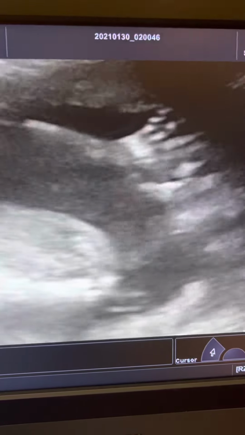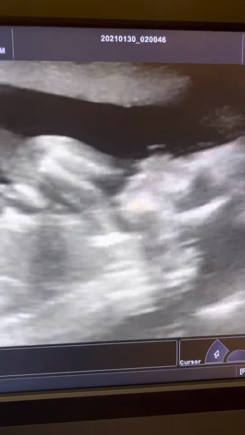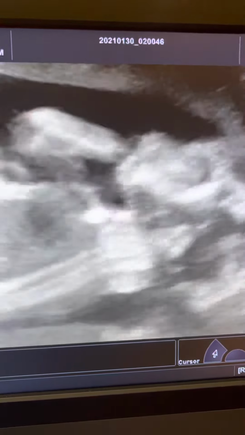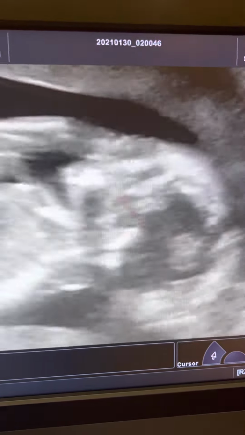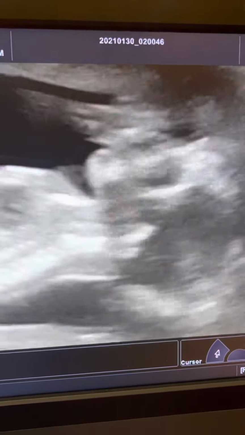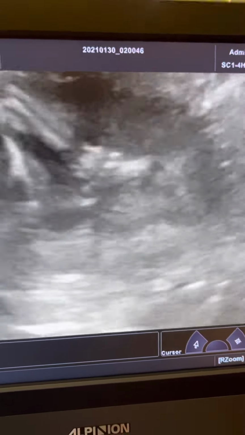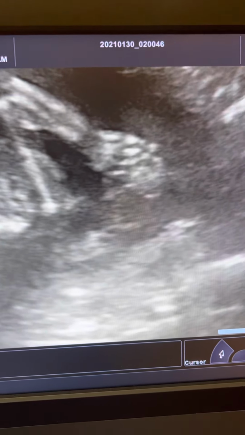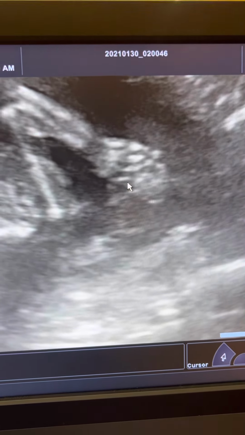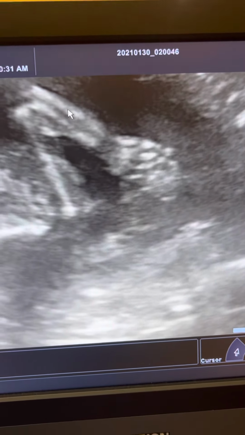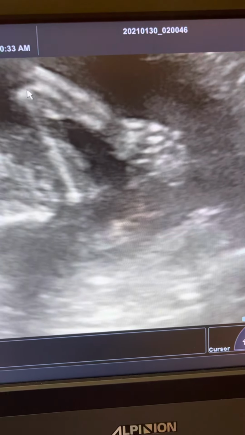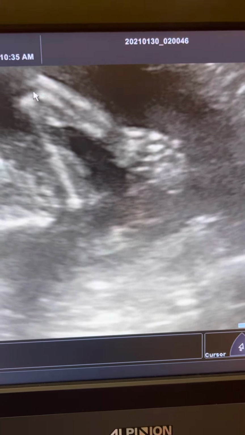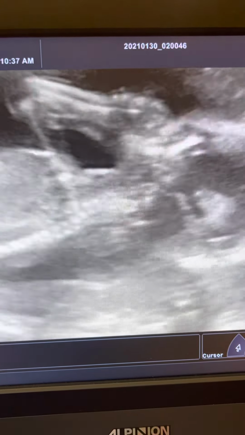We have a good view here of the 5 fingers. Here is the right hand also. You can see the thumb and 4 other fingers. Also we can see other parts of the upper limb.